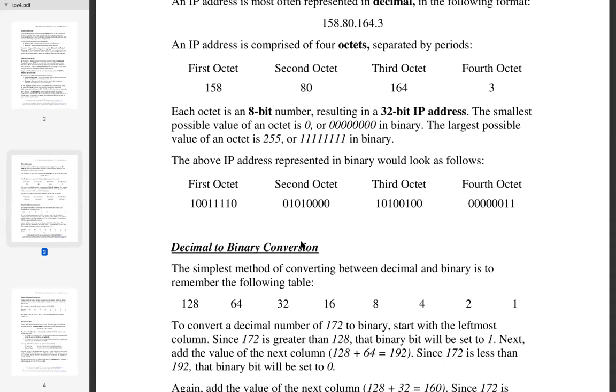Now let's move straight. We have our first octet here. How was it able for this 10011110 to form 158? How did it give us 158? That's what we are coming to do right now.